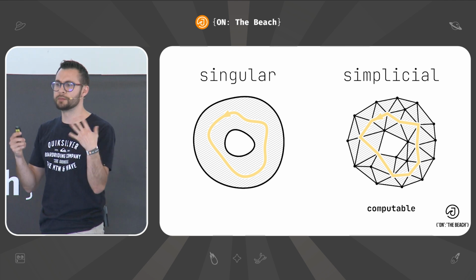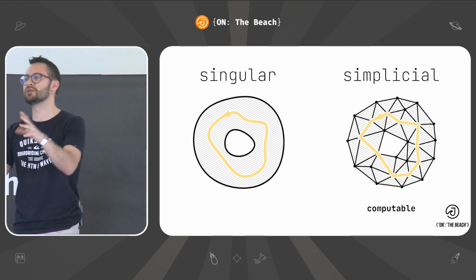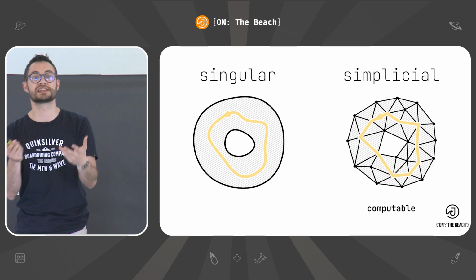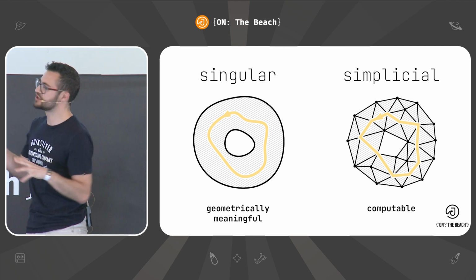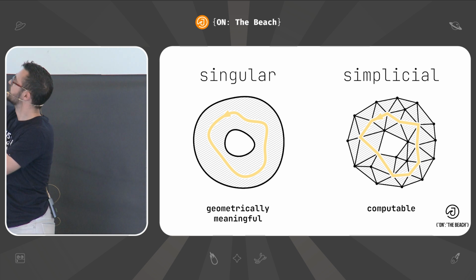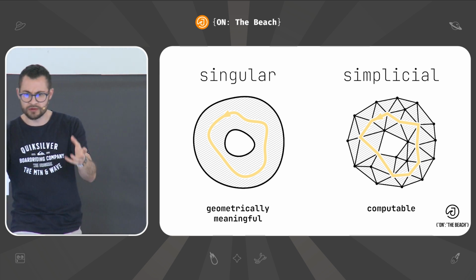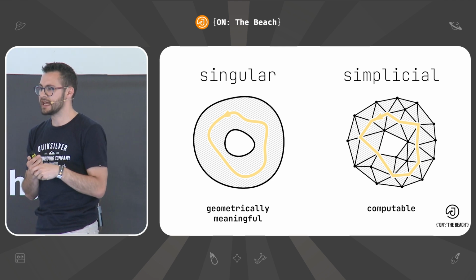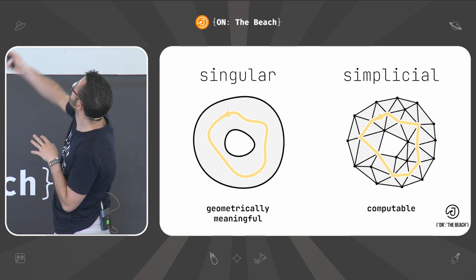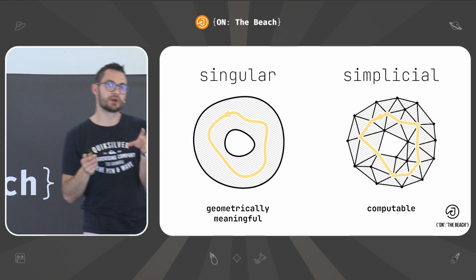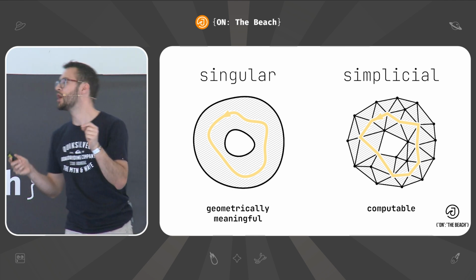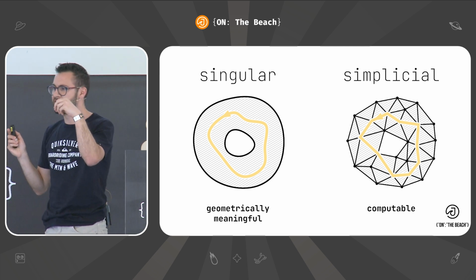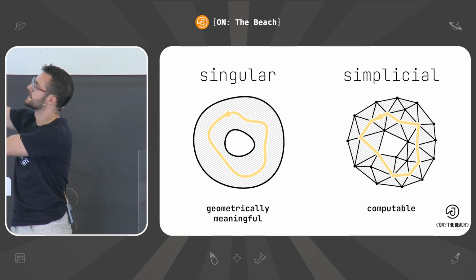Simplicial homology is computable. It takes a space, triangulates it, and then makes some calculus based on the pieces that it has created. Singular homology, on the other side, is smooth and flexible. It works with curves and with lots of other shapes, and it's infinitely more complex than simplicial homology, but it is the one that makes geometric sense. All the calculus that we make with simplicial homology can be interpreted within singular homology.